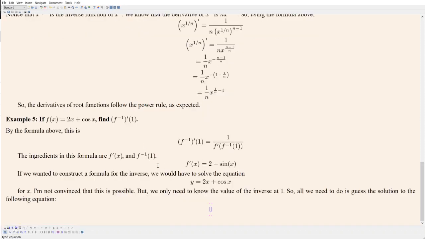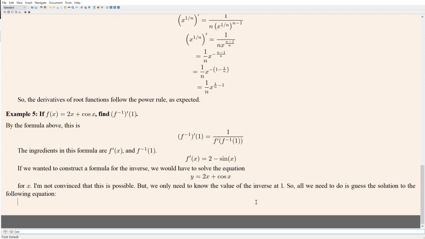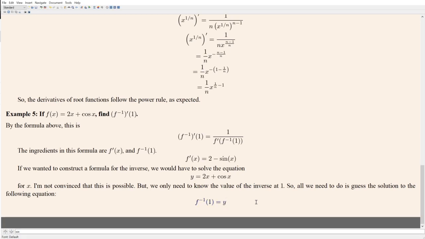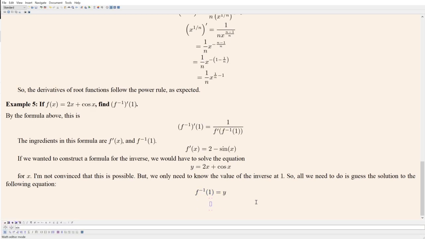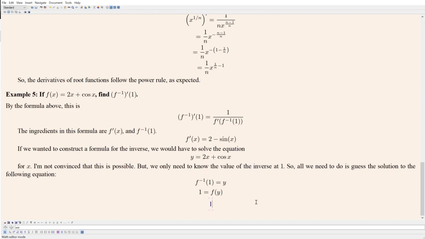If f inverse at 1 is equal to y, and we want to know what y is, well, by definition, this is the same as saying that 1 is equal to f of y. So what's f of y? Well, that's 2y plus cosine y.